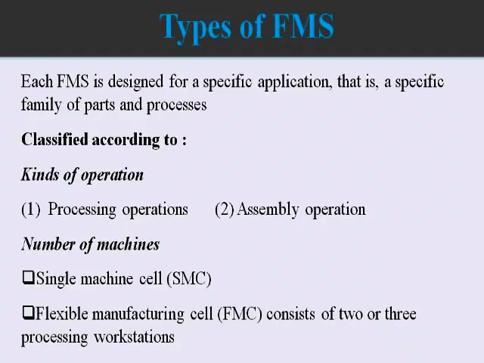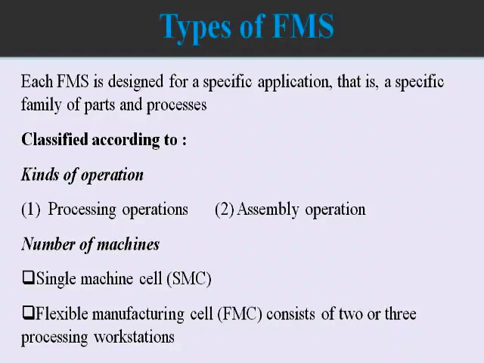Put 2-3 part families together and 3 to 4 machine families together, and then if you arrange these machine families with an automated material handling system, we can call them a system, and it is now capable of producing those 3 to 4 part families.